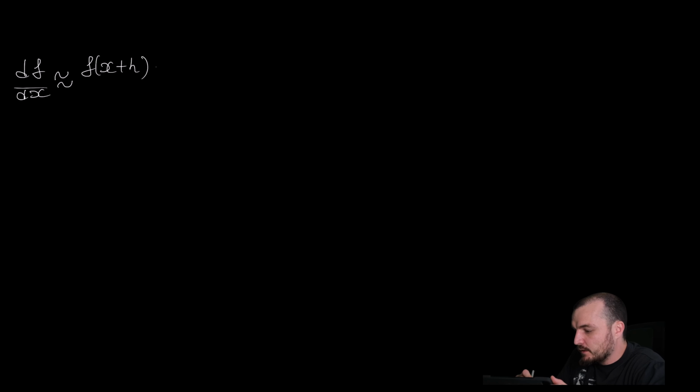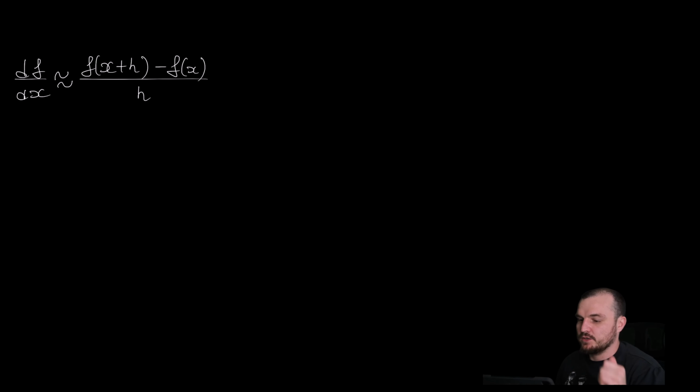There are three possible ways to estimate the derivative numerically. At least I know about three possible ways. Now let me write it down. We used the forward mode. Let me write it again. df with respect to x approximately equals f of x plus h minus f of x over h.